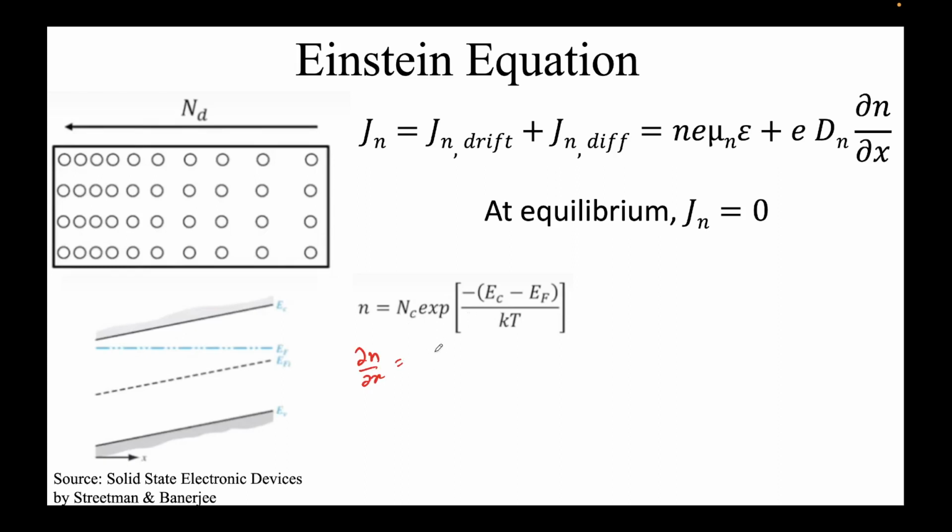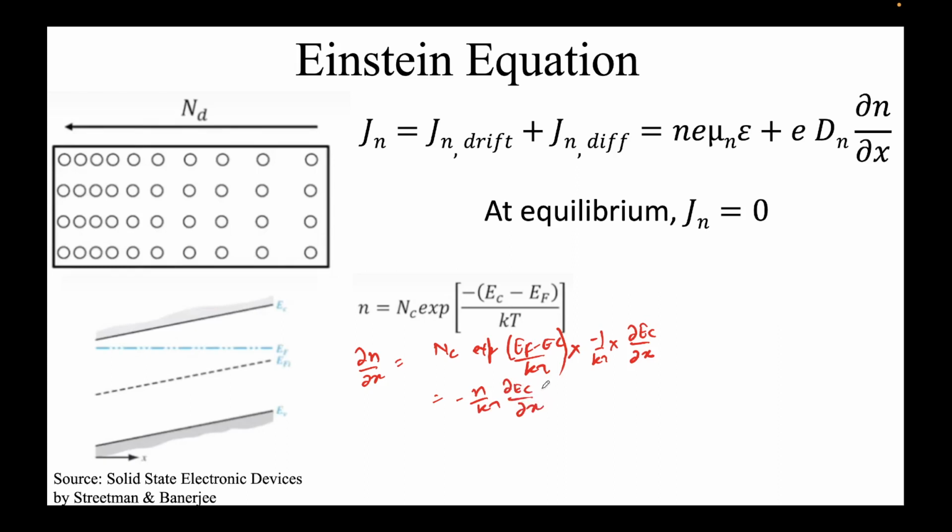So this will be Nc, this term will remain the same, e to the power (Ef minus Ec) over kT, times I'll differentiate what is inside, so that will become minus 1 over kT times dEc over dx. This is nothing but n again, the first term you see. So this turns out to be n over kT minus n over kT dEc over dx.